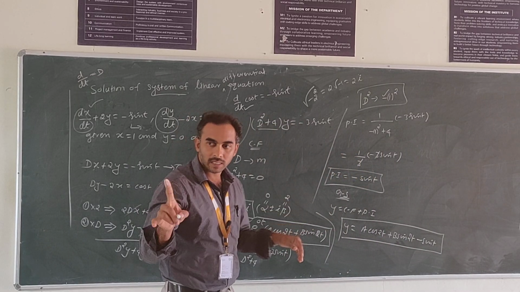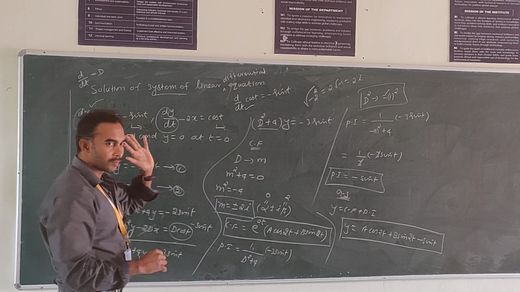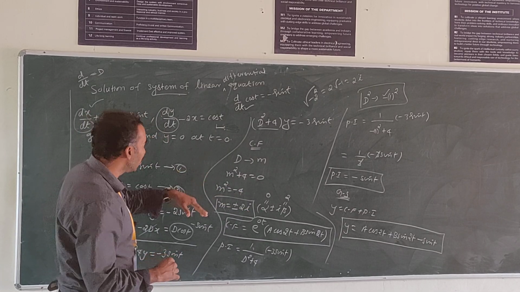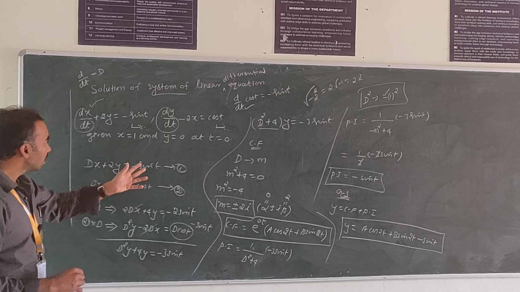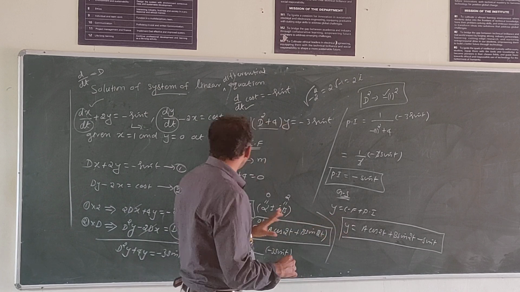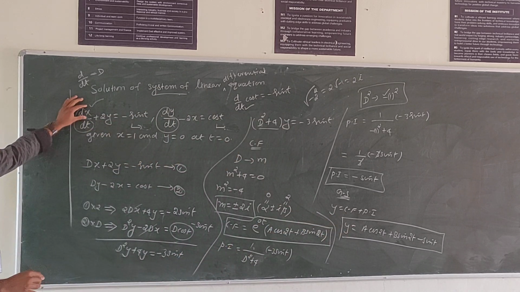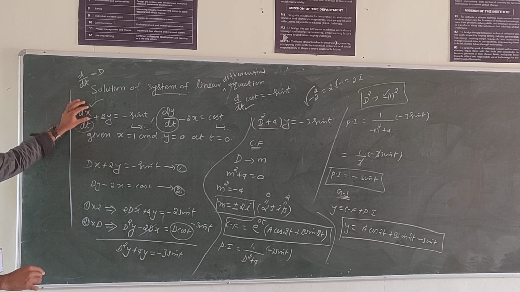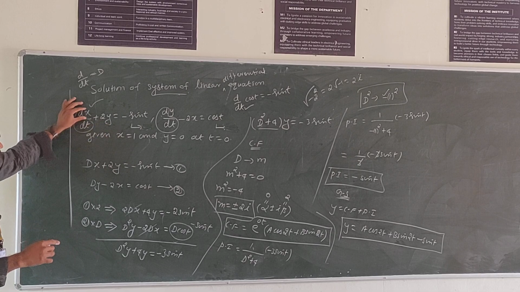Next, don't write, just listen. Next we have to calculate the x value. In the book they followed two methods. One is we directly substitute the y value here, and automatically we will get the x value.